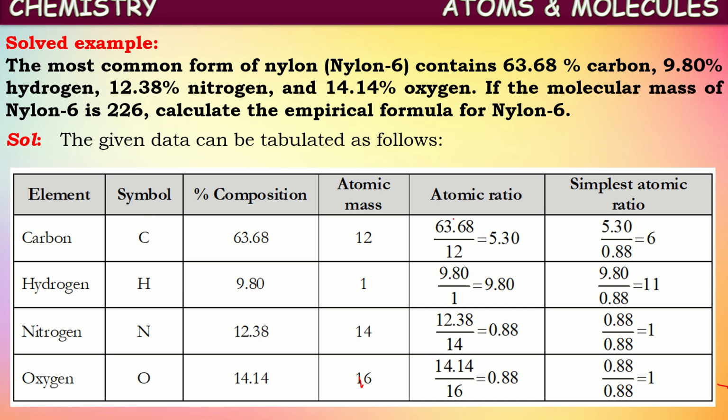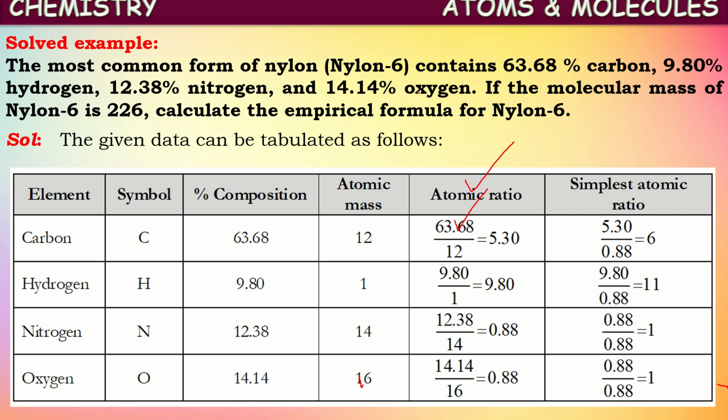Because here we are considering mass of the substance divided by atomic weight of the substance, which gives the number of moles. So here the atomic ratio is nothing but the number of moles. So 63.68 by 12 is 5.30. That is the number of moles of carbon in a given sample of nylon 6, 5.30. And 9.8 by 1 is 9.80.